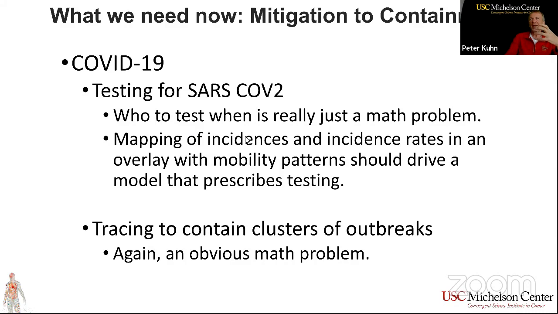And then with that is this mapping of incidences and the incidence rates in an overlap with the mobility patterns. And I'm specifically not calling this contact tracing, right? Because the mobility patterns are important for everybody, and they don't have to really say anything about contacts at all. Those are just mobility patterns.